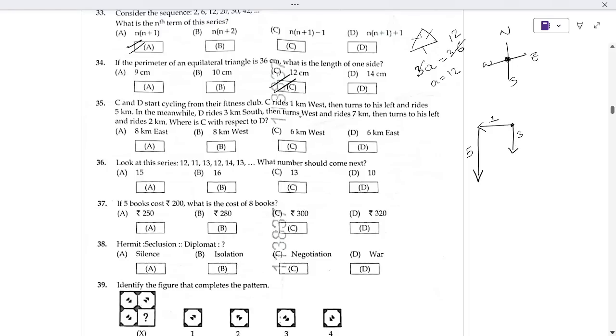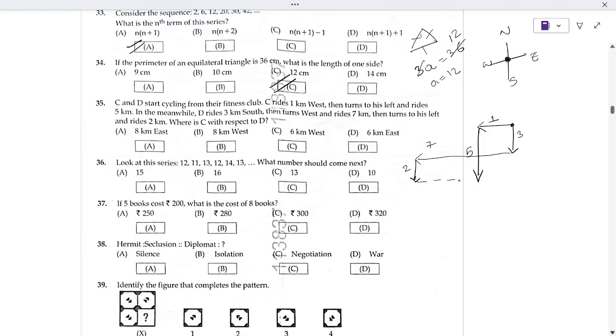And then turns west. West is the left side. So turns west and rides 7. Since this is only 1, that means 7 will cross that. Yes, 7. Then turns to his left and rides 2.